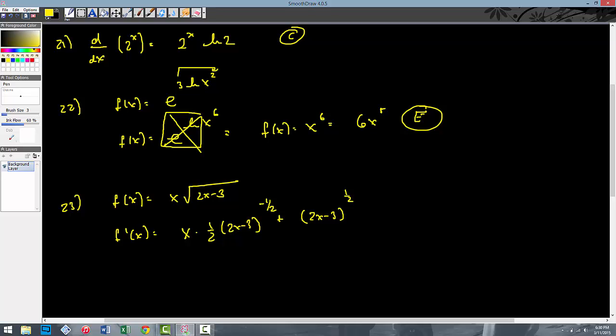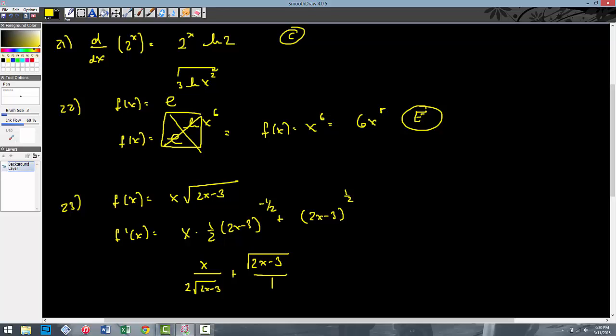Now, I think they actually simplify this out. So what you get is x over 2 rad 2x minus 3 plus 2x minus 3 underneath the radical sign, technically over 1.